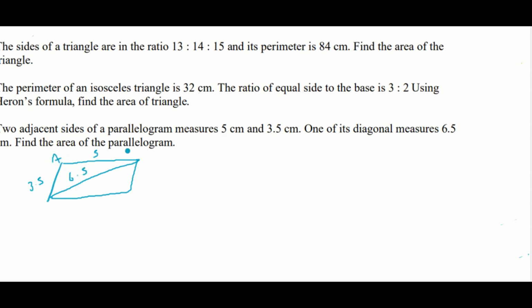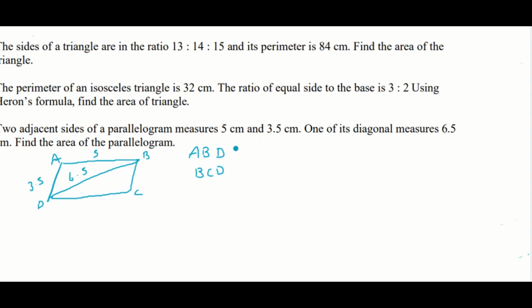So in this parallelogram ABCD, we can take it as two triangles, and the diagonal of a parallelogram divides it into two triangles of equal area. So here the diagonal BD divides it into two triangles, one triangle ABD, another one is BCD, and the area of these two triangles will be equal.